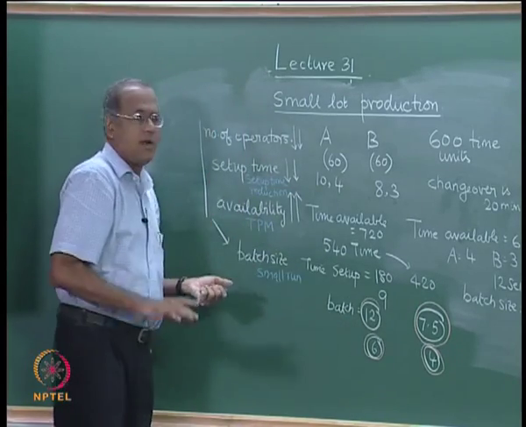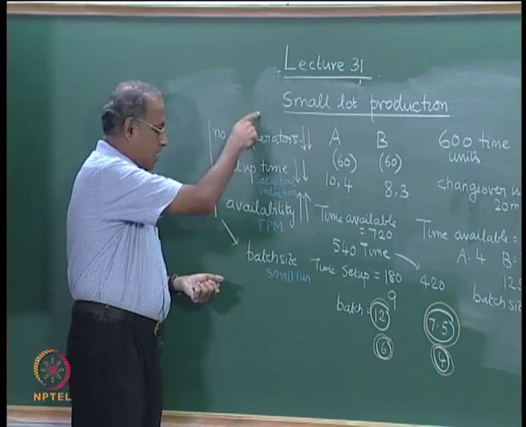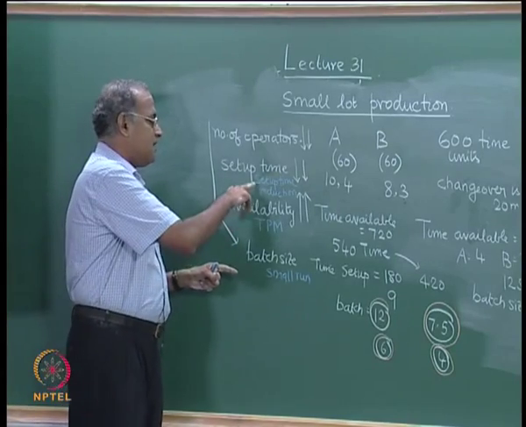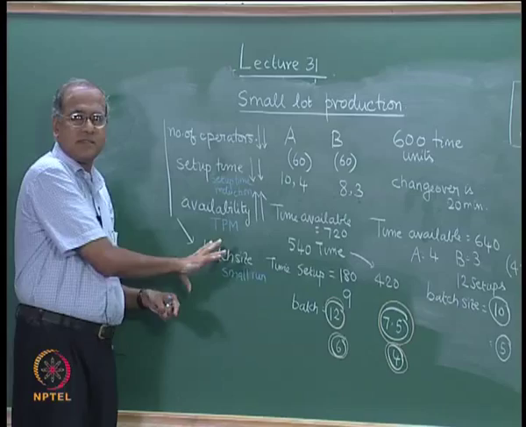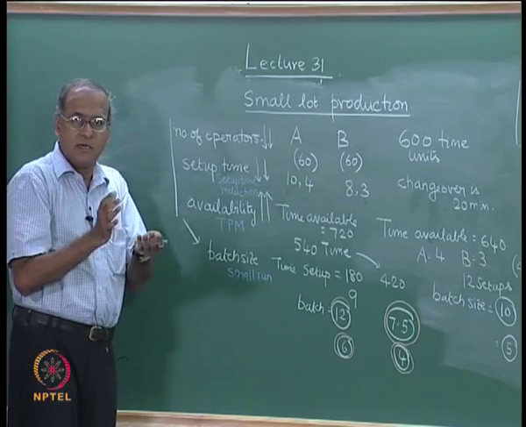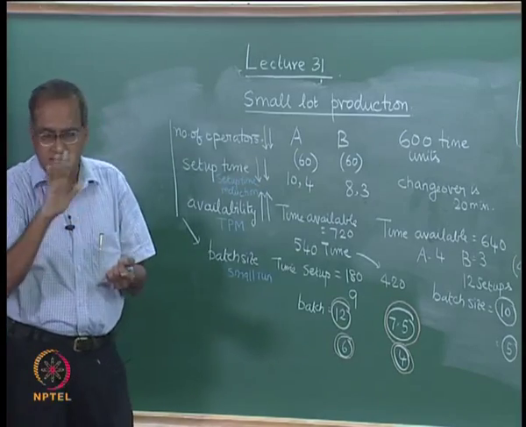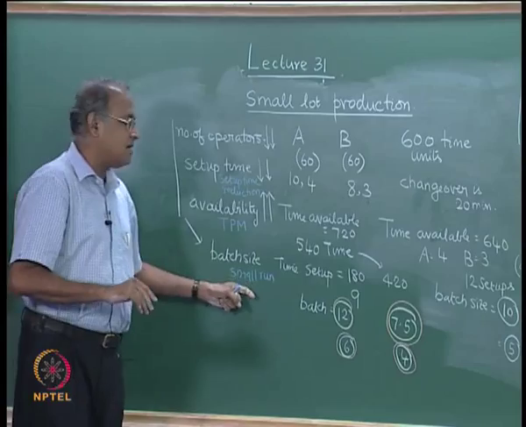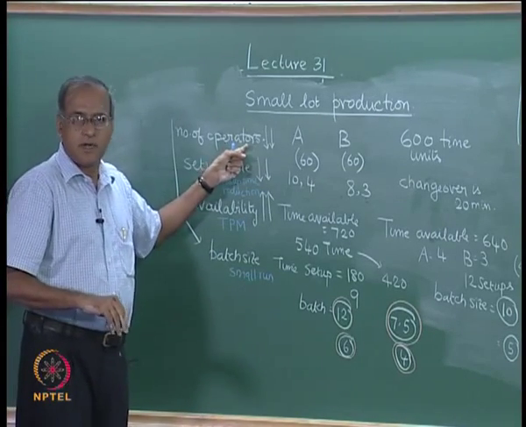So, this example helps us understand the role of these three parameters on the batch size, and the understanding that important initiatives such as setup time reduction and TPM impact the batch size and can help us produce smaller runs. Number of operators is a constraint which has to be handled judiciously, so that this is not affected by the non availability of operators.